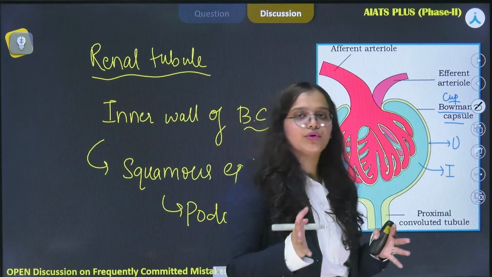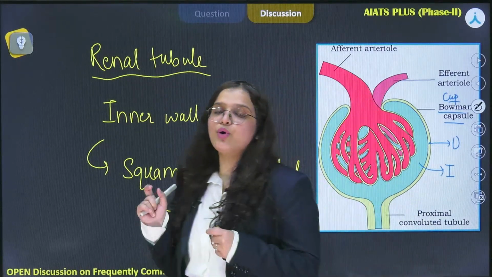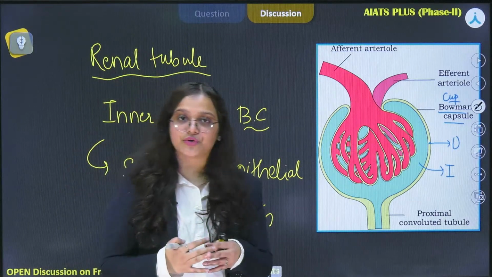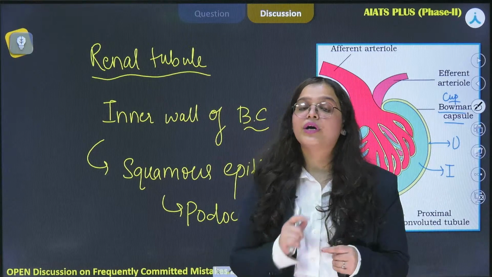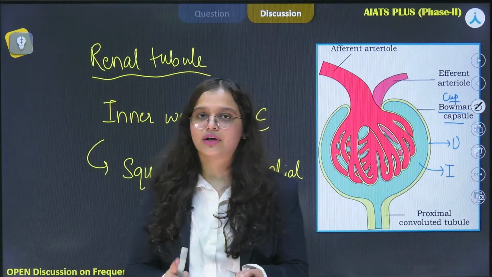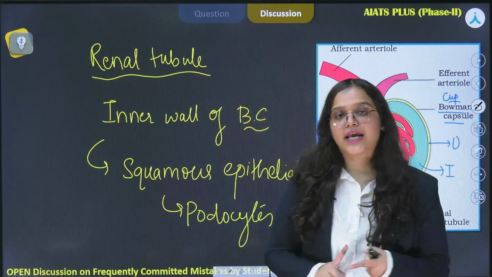Basically podocytes are modified cells of squamous epithelium of the inner wall of the Bowman's capsule, which get arranged in an intricate manner to form filtration slits, or we also call them slit pores, so that the process of filtration can occur.